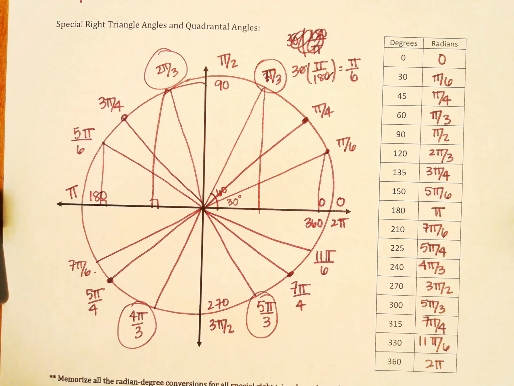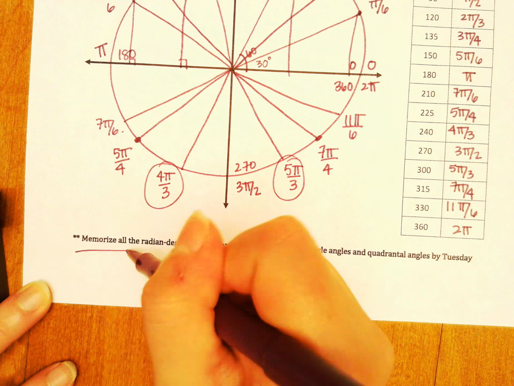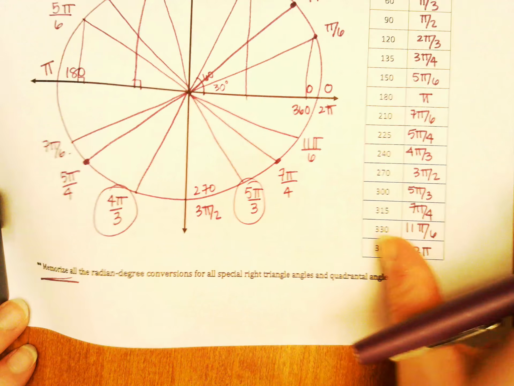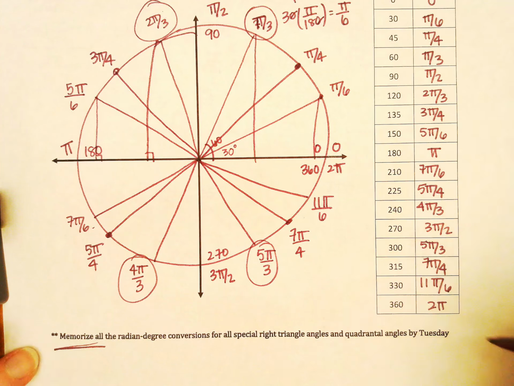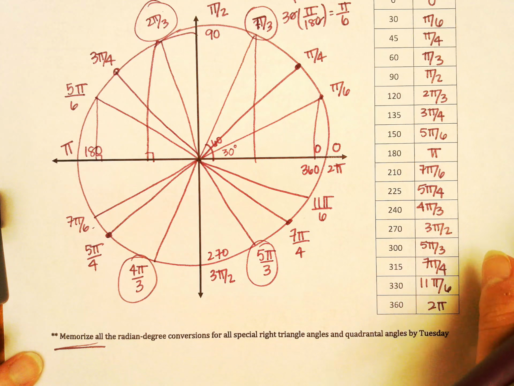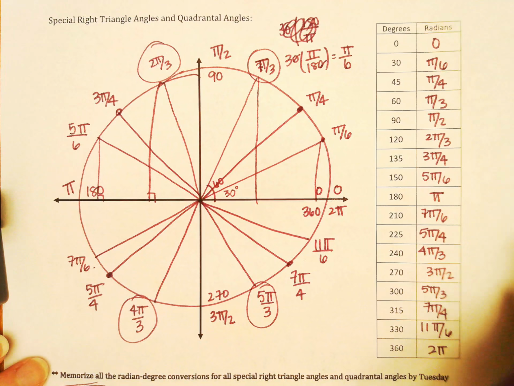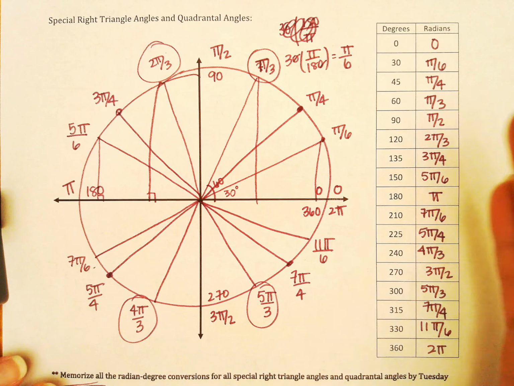Either way, whatever method you use, and if you want something else, I can try to help you remember this a different way, but you do need to memorize all these radian measurements, or at least be able to reason them out, all these radian and degree conversions for all these special right triangles. You're going to have a quiz next Tuesday. It's a timed quiz. I have to double check, but I think you'll get 3 minutes to fill in a chart.